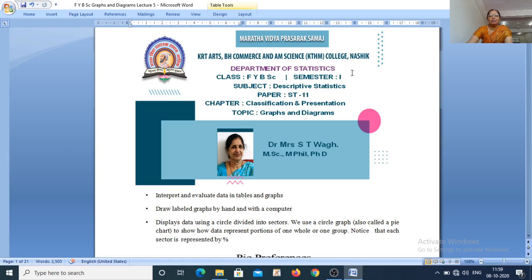The graphs may be bar graph, frequency curve, frequency polygon, histogram, or Ogive curve. Ogive curve means cumulative frequency curve. So these graphs and diagrams are very important while representing your data.